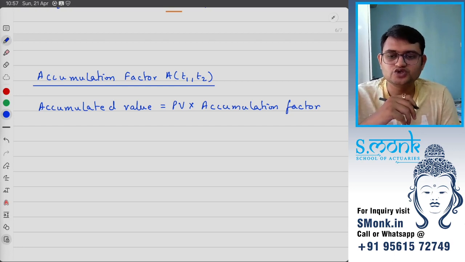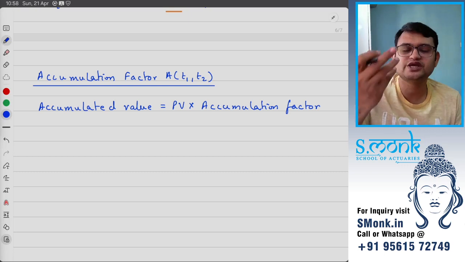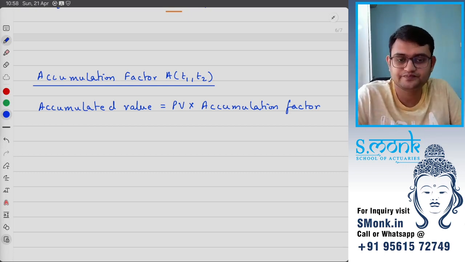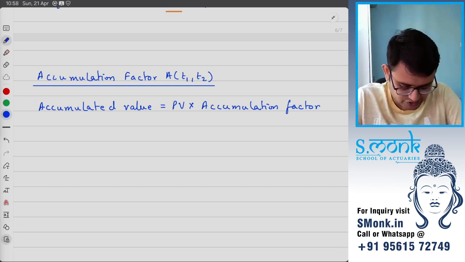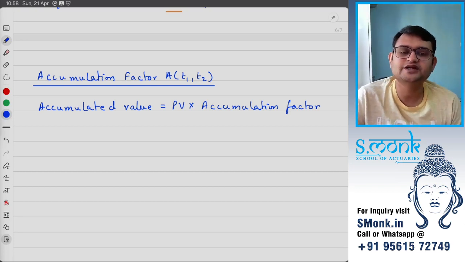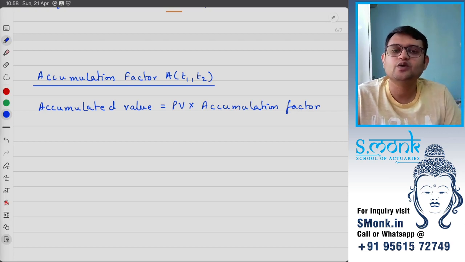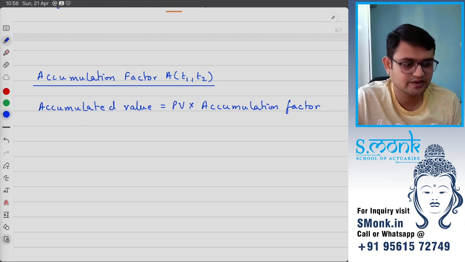So it is the factor by which the present value will change due to time. Okay. Accumulation factor helps us understand whether it is becoming 1.2 times, 1.5 times, or 2 times, or 5 times, whatever it might be. Okay.